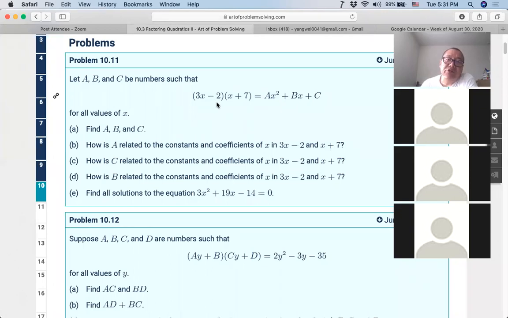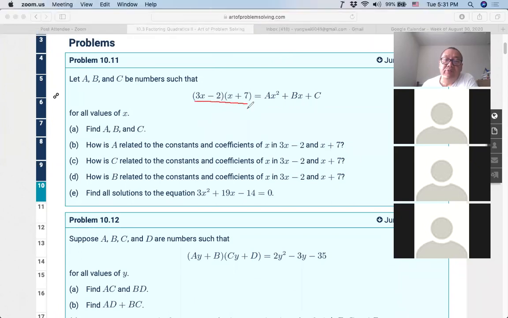To solve this problem, you need to expand the product of these two binomials, right? So 3x times x gives us 3x squared. Then minus 2x plus 21x gives 19x, then minus 14.